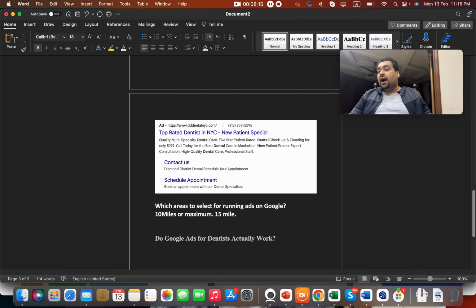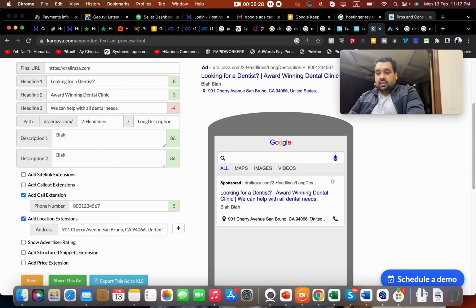Other than that, I do not recommend covering more than the radius of the location you are based in. So call extension and location extension should be the preferred ones.